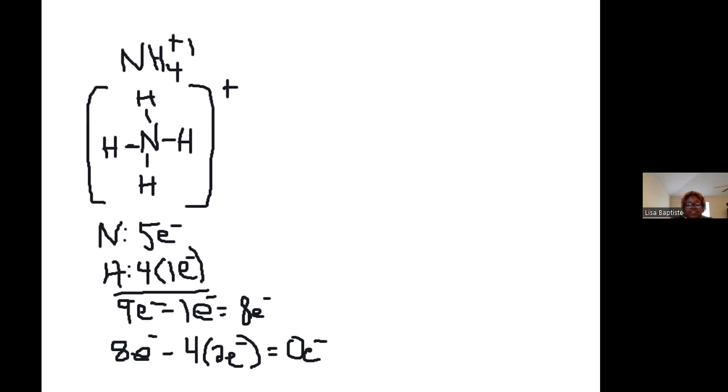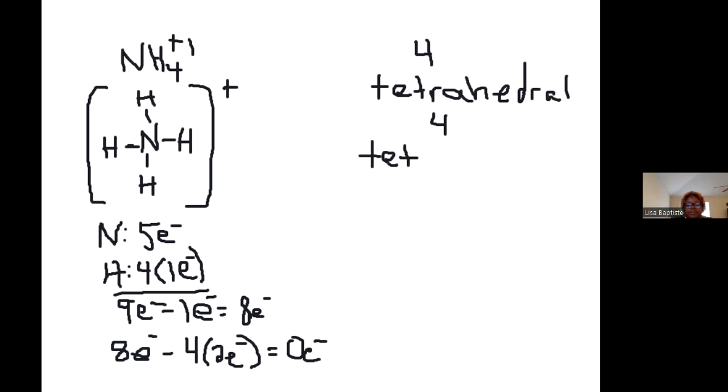So now we're looking at electron groups and we have 4. So our electron geometry is tetrahedral. And then our bonding groups is also 4. And so our molecular shape is also tetrahedral.